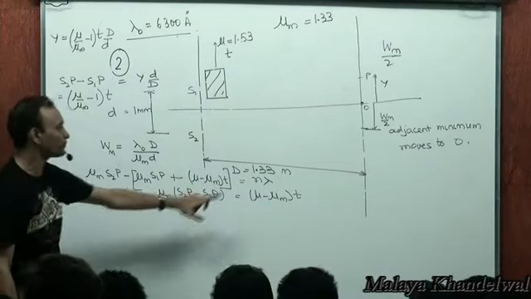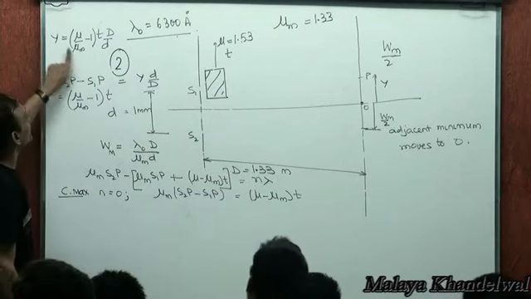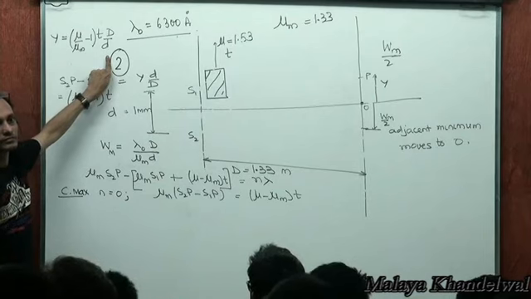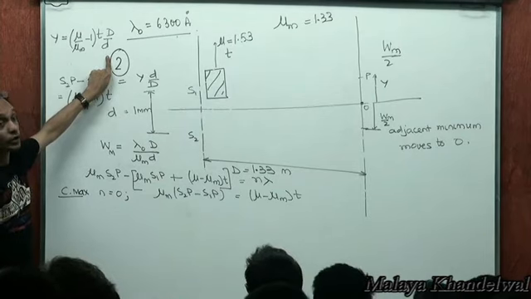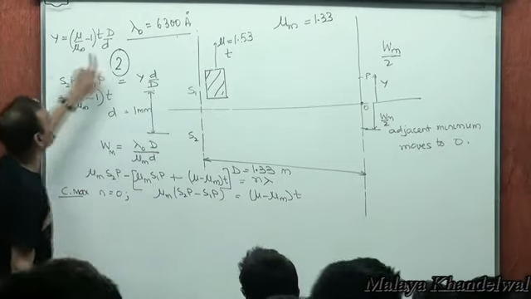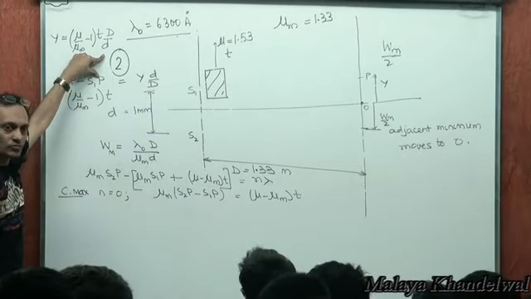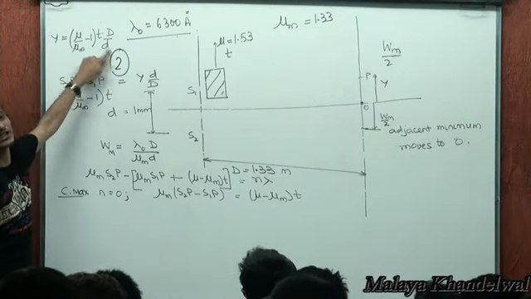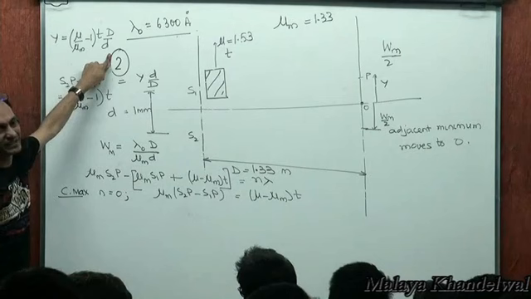Whatever I have done here? That means the entire fringe pattern has moved by this amount. With the introduction of the plate, the entire fringe pattern moves by this amount. Clear? And this amount must be half the fringe width, isn't it?